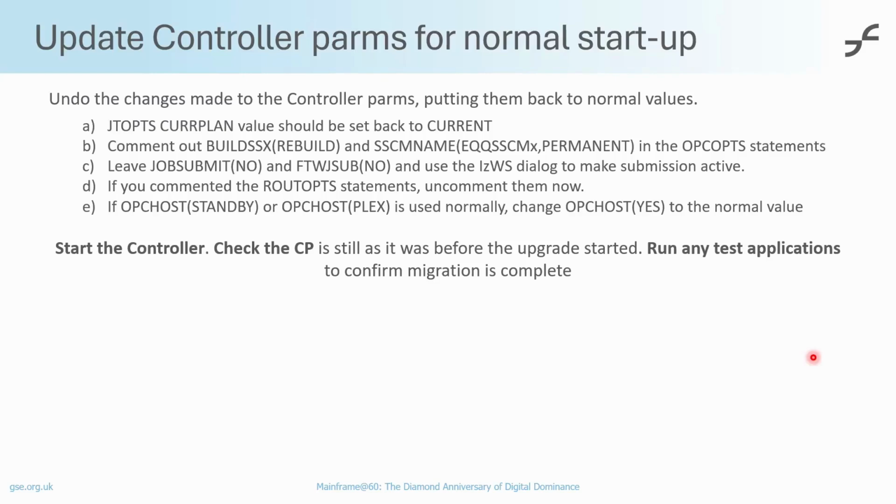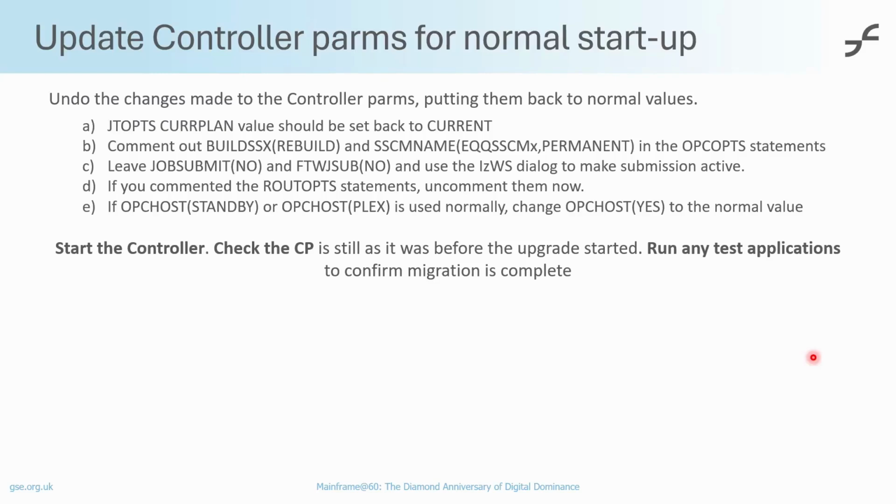So in theory, there's no reason to comment out route option to prevent tracker communication. And if you use standby or Plex in the OPC host, and you had to set them to yes, change back to the normal value that you were using. At this point, you can start the controller.